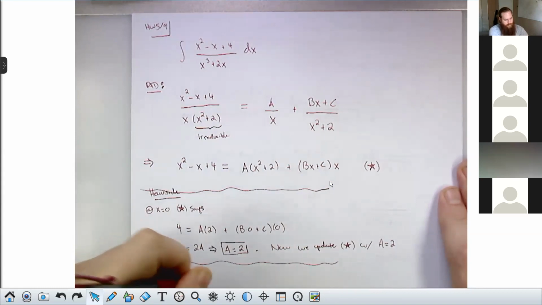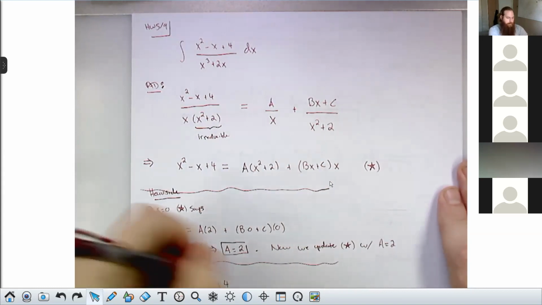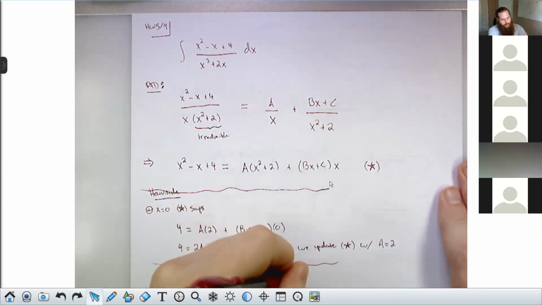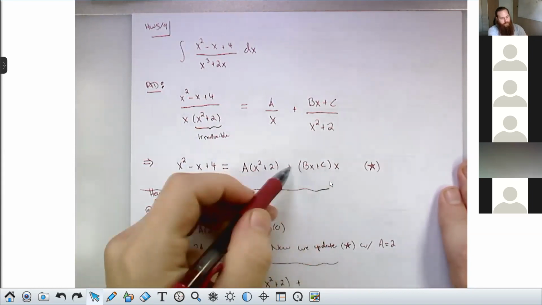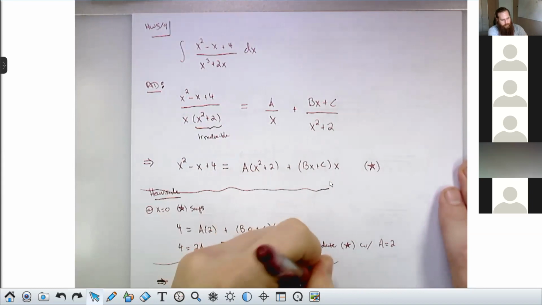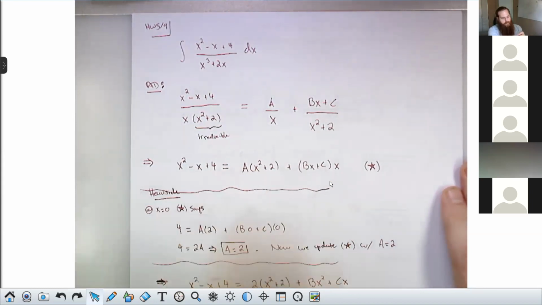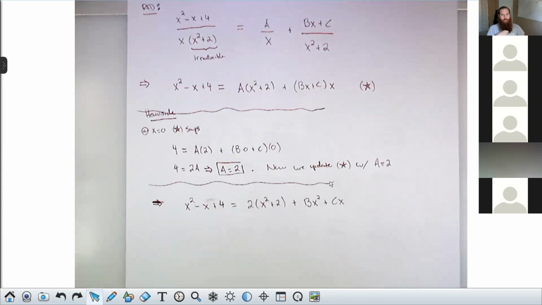The updated version of star says x squared minus x plus 4 is equal to 2 times x squared plus 2 plus, and I'm going to distribute the x now, I'll get bx squared plus cx. Here we go. I'll also distribute the 2, and then I'm going to combine all my like terms on the right-hand side.